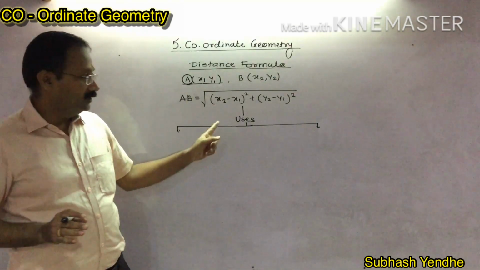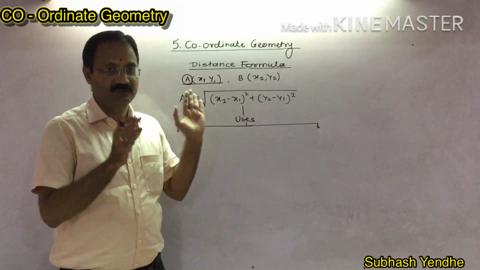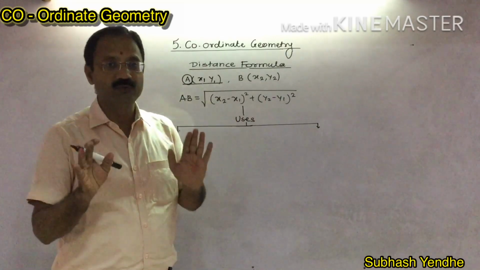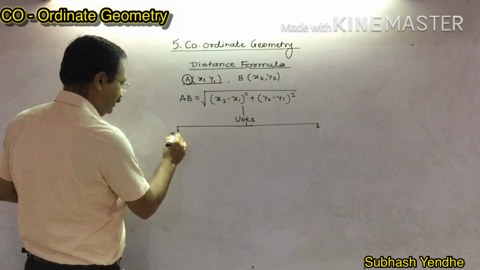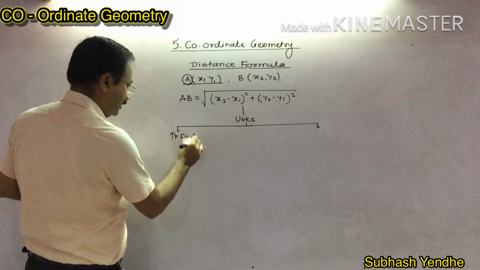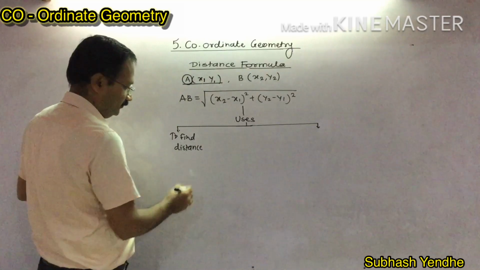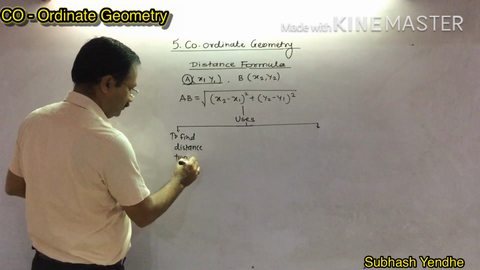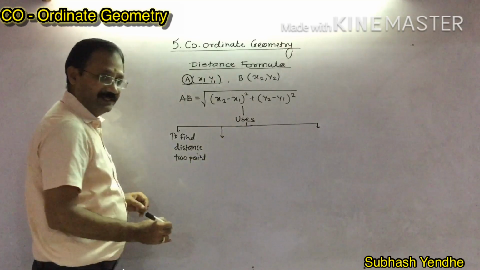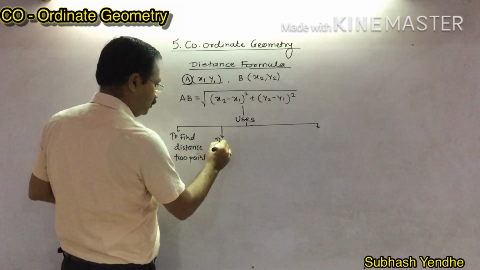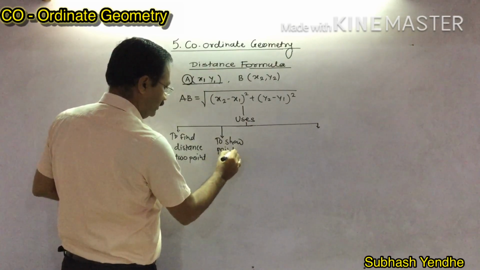Okay. After that, I am going to tell you the uses of this formula, where you have to use this formula. The first, as you have studied, is to find the distance between 2 points. This is the first use of this formula. Second, to show points are collinear.